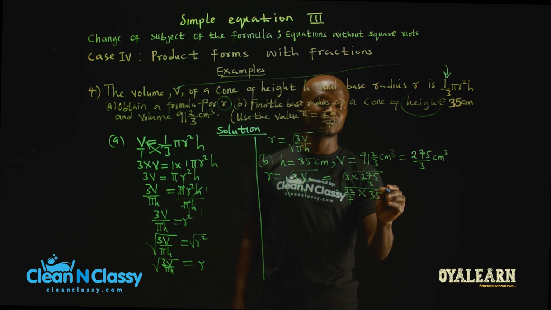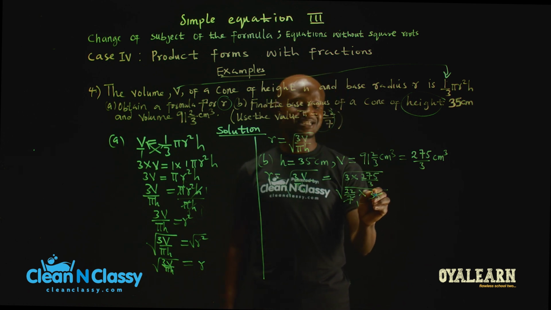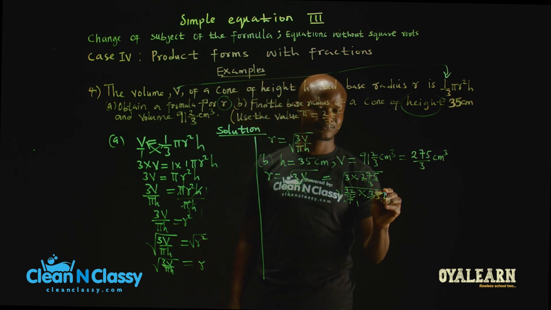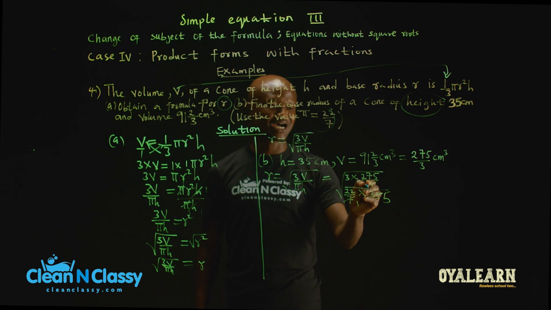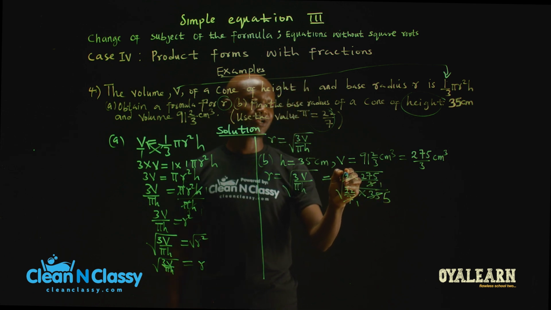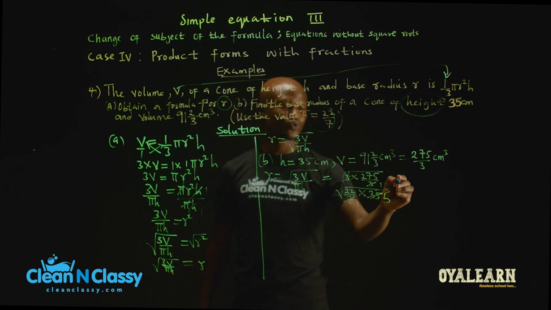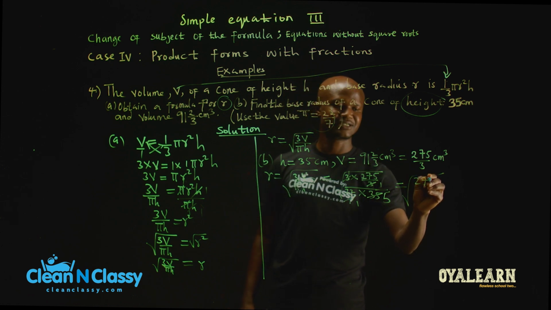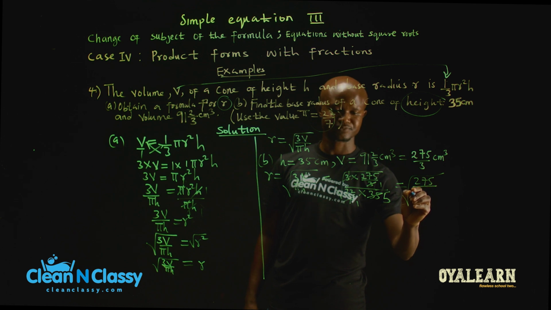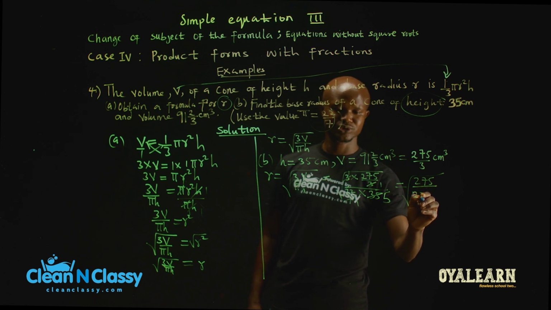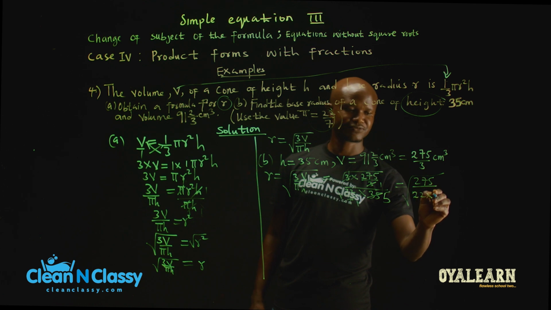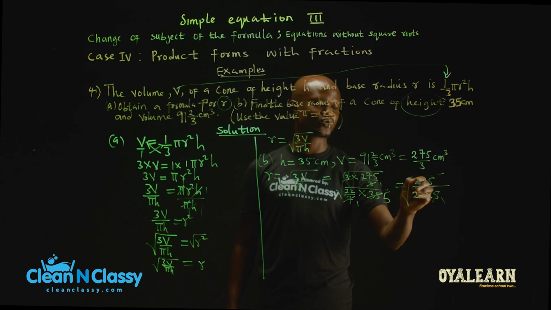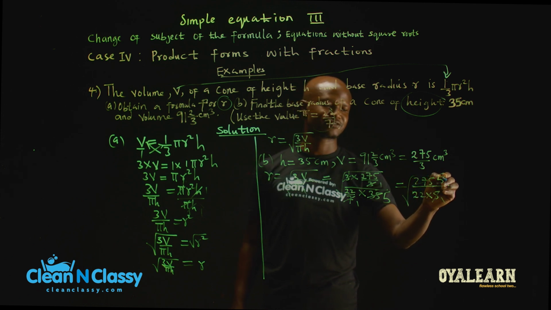So simplifying now, 7 here is 1, 7 in 35, we have 5. Now 3 here is 1, 3 here is 1 also. So what do we have left? We have square root of 275 divided by 22 times 5. So 5 here is 1, 5 in 275, that would be 55.